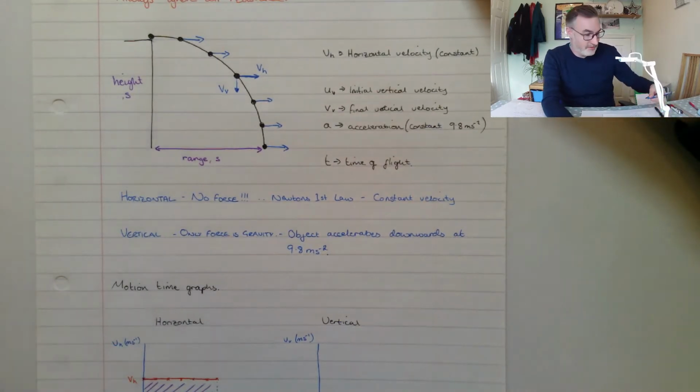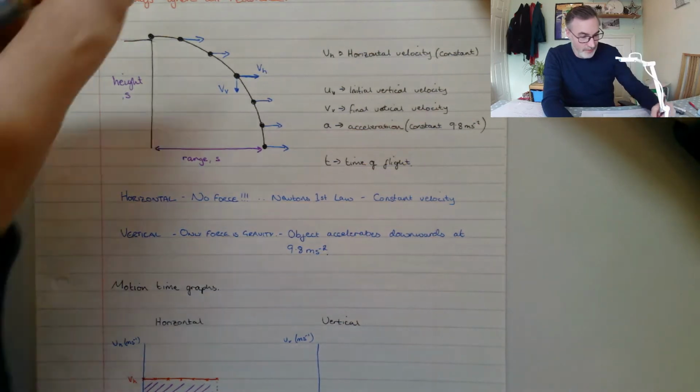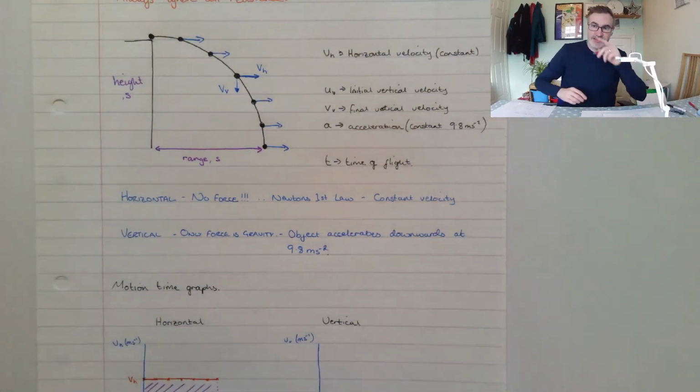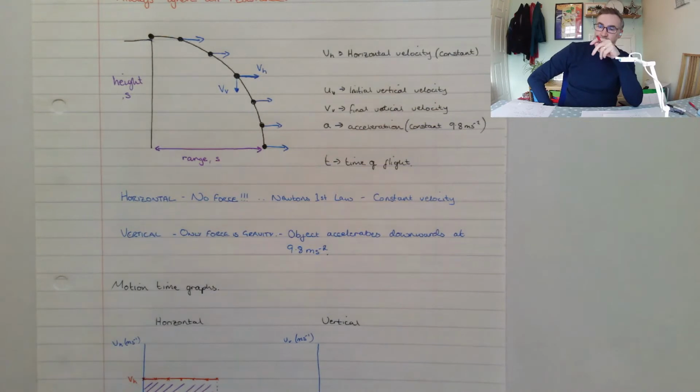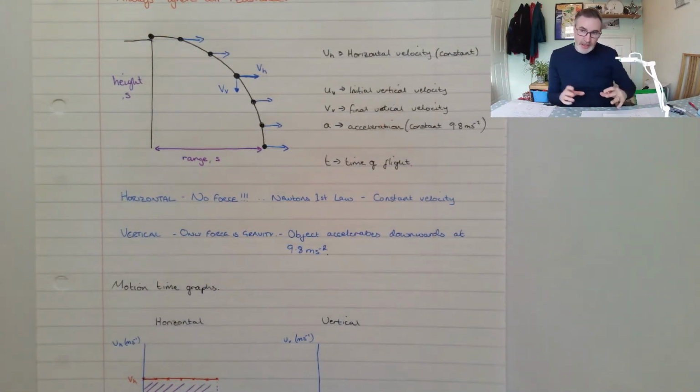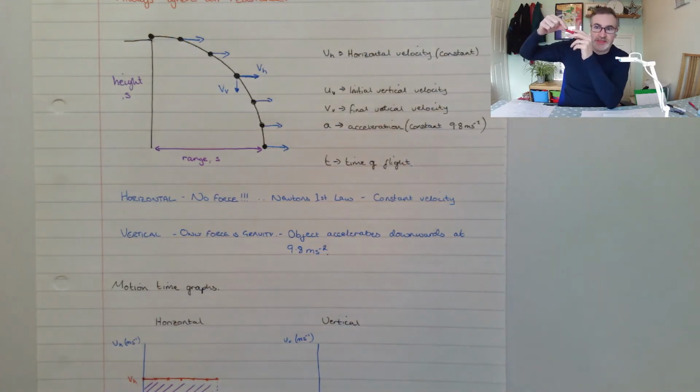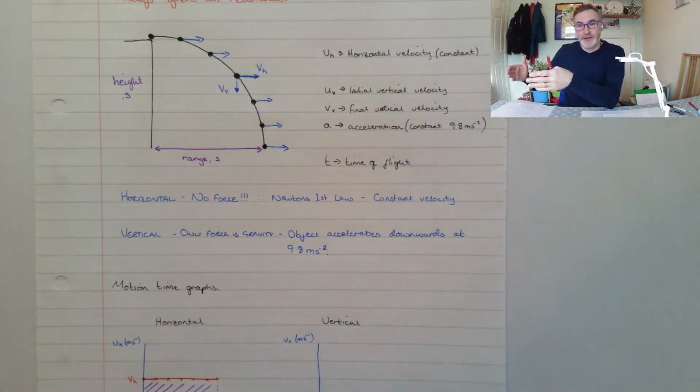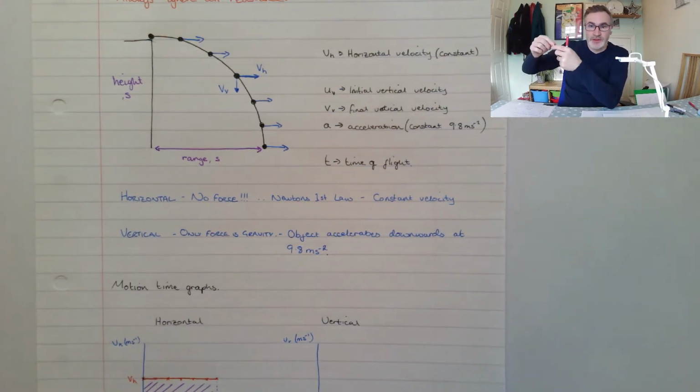Initially, and I know we talked about this when we were looking at terminal velocity and jumping out of a plane, the instant that the ball is released, the instant that you let go, the velocity is zero because you're holding on to it. The instant you let go it starts accelerating, but it's got to start from somewhere, and that point is 0 meters per second.